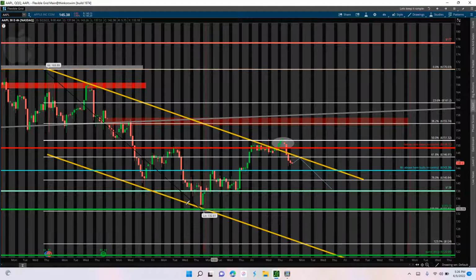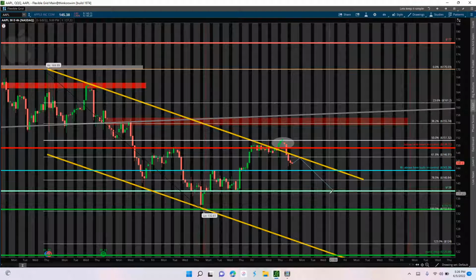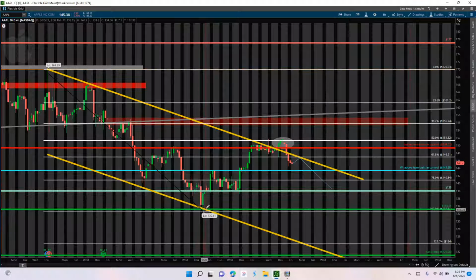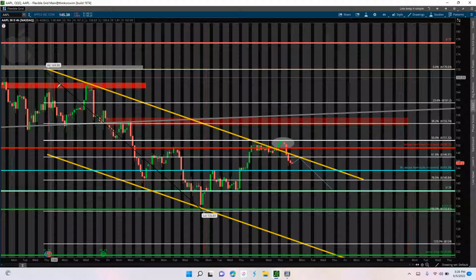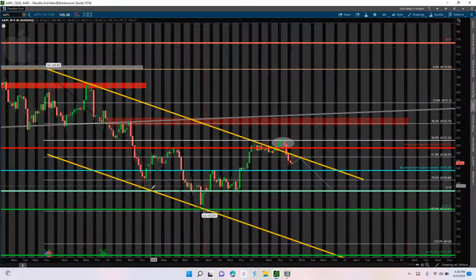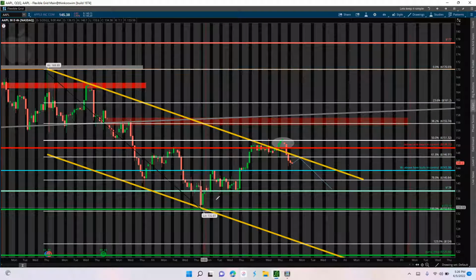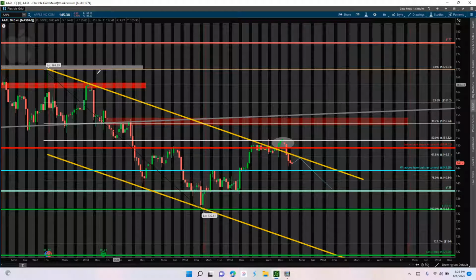So this is the low to watch once we lose 138. 132 is our next big support to watch. We are in this channel, so follow the channel. When we're at the top, it usually rejects. When we're at the bottom, it usually bounces. Now, since we're trending down, every bounce, you should look out for a lower high.